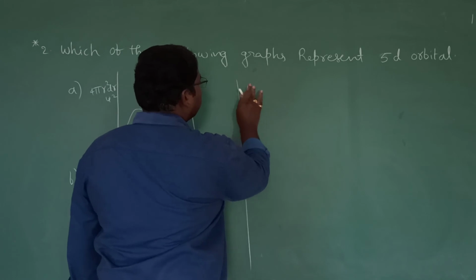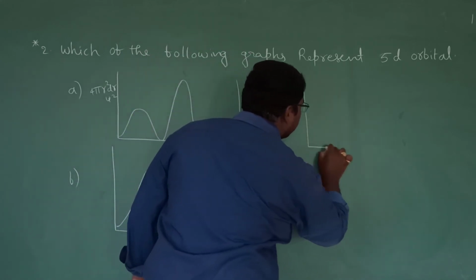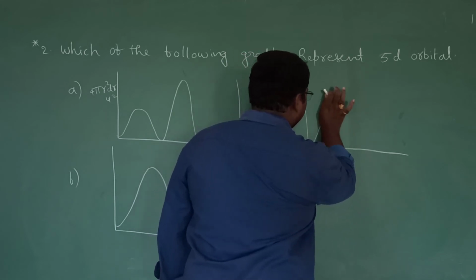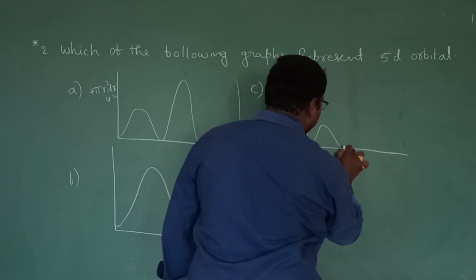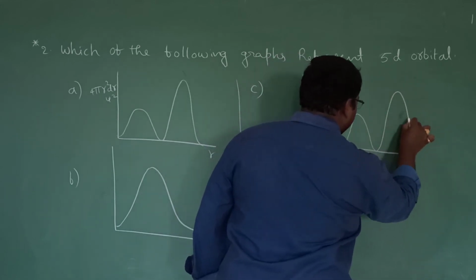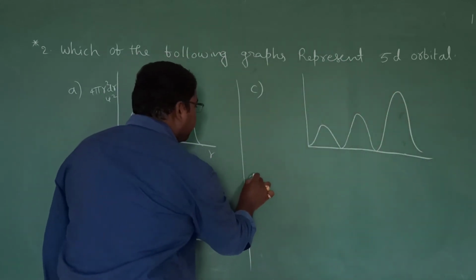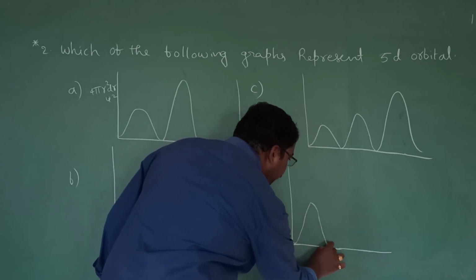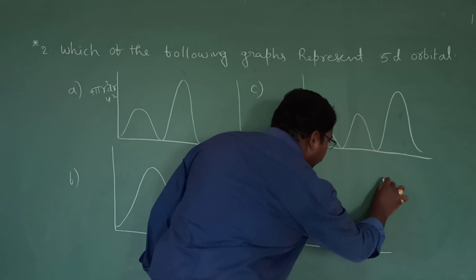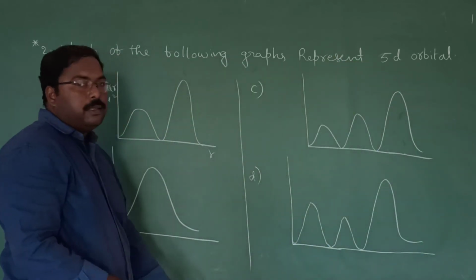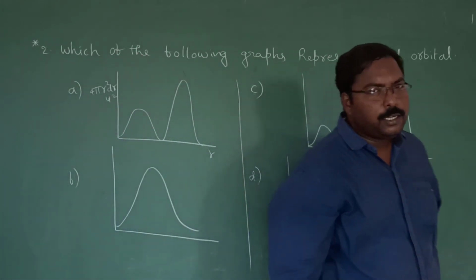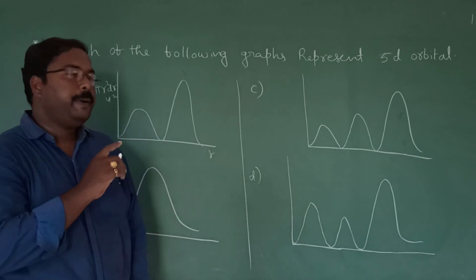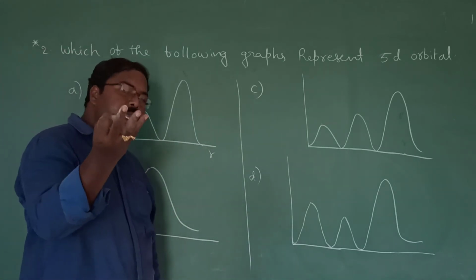Now coming to the third option, option C. This is option C. Now coming to option D. Okay, so these are the four options given to us, and they are asking to find out of the four which graph represents the 5d orbital.